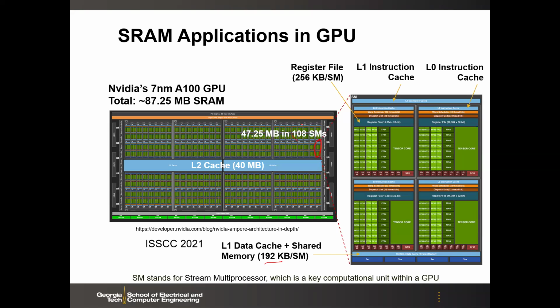But you have many cores, so in total the L1 cache is already like 47 megabytes. They are very parallel, right? You have many of them. And then it only has a shared L2 cache of 40 megabytes among those cores. So the overall architecture is very different from the CPU, as you can tell. It has many small cores, but each small core has hundreds of kilobytes of L1 cache.